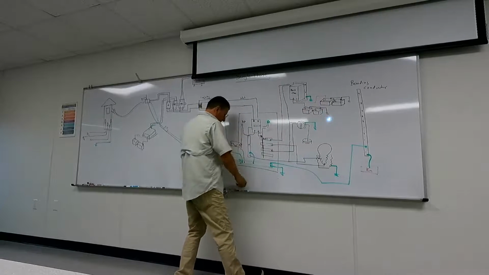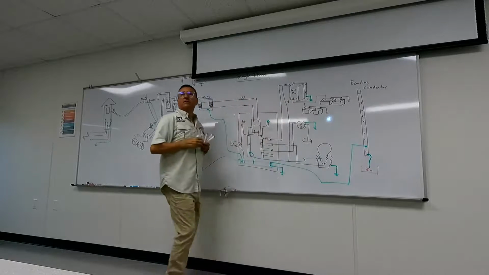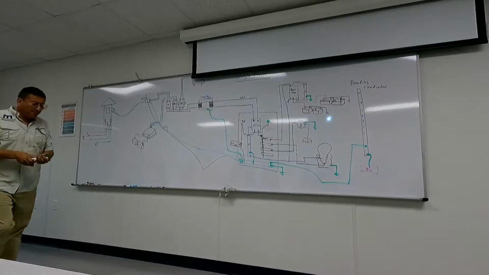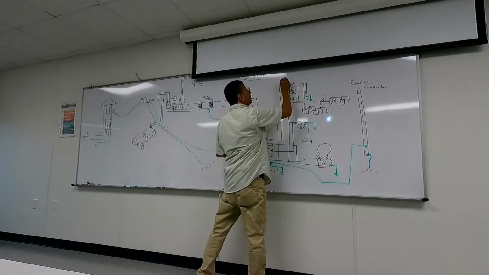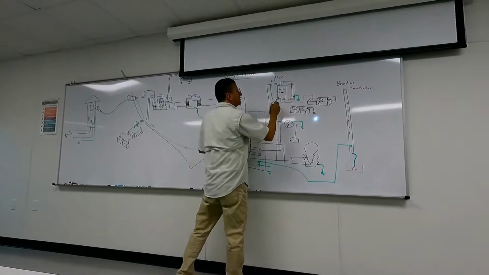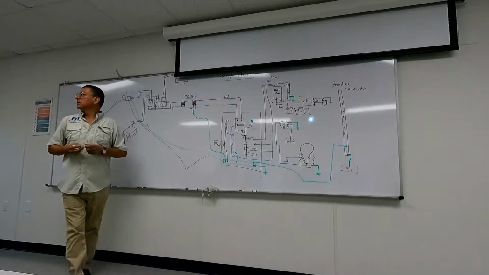Ready? And the negative here for negative. Great? This is the battery charger. This is the input of the battery charger, AC power, and this is the output, DC power. Good?